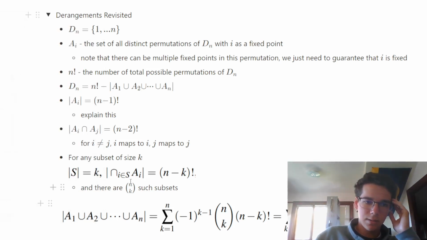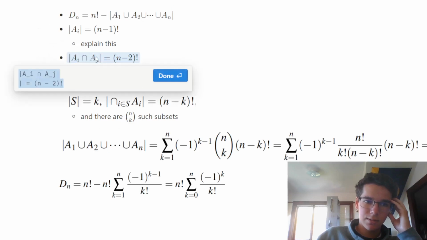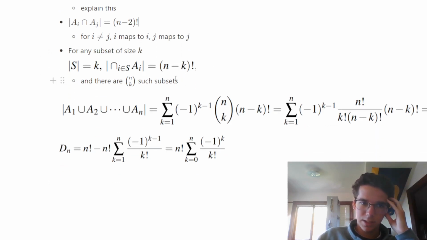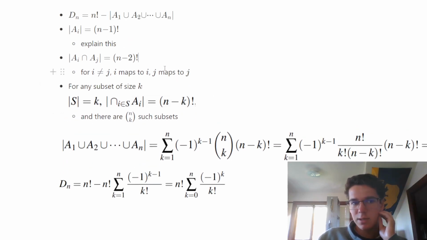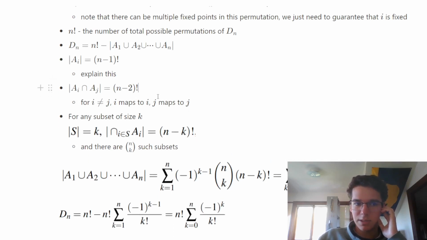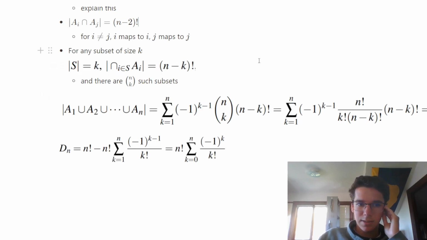And then if we union these two, I feel like I'm mixing things together. But if i and j are not the same, and we know that i maps to i and j maps to j, then there are n minus 2 other values left, which yields this number of permutations. And then for any subset of size k, we have this, and this is sort of where I get lost right here.